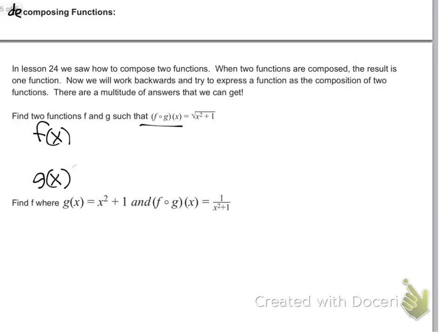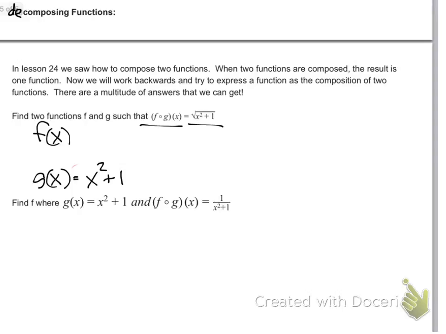What looks like it's inside of something else on that problem? Looking at the square root of x squared plus 1, what looks like it's inside of something else? x squared plus 1. So if I named g of x as x squared plus 1, what's the outside thing? What's the thing we didn't use? This square root.